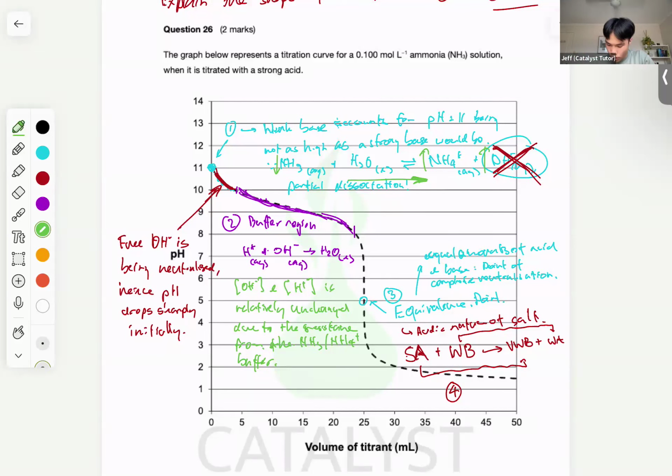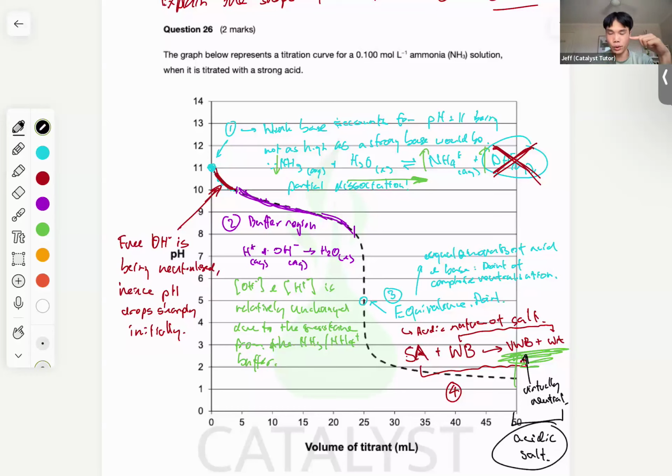And that means that the product salt that you're creating overall has a weak acid and a very weak base. And very weak base is like virtually neutral, which means that overall, this whole salt should be an acidic salt, which is why your pH at equivalence is a little bit below 7. And that's something you should be able to explain for each of your curves. Why is equivalence above, at 7, or below 7?